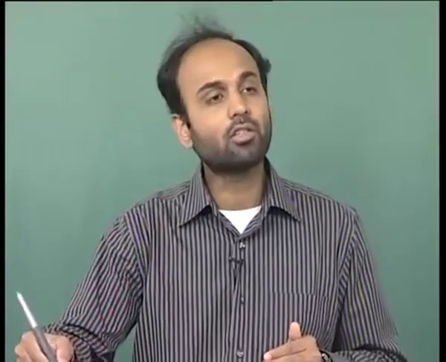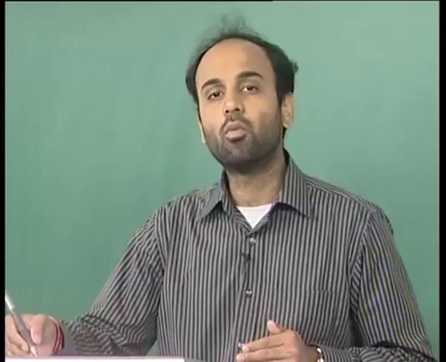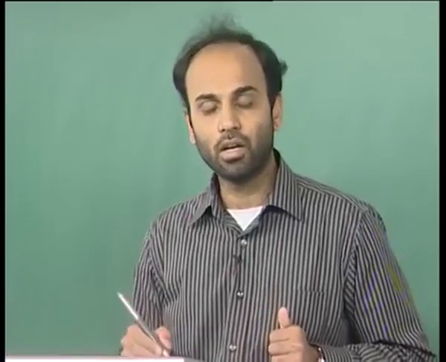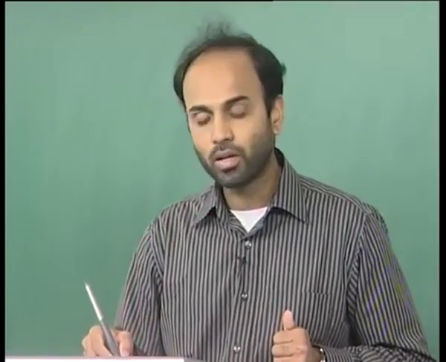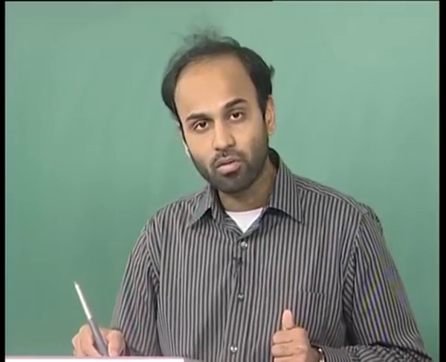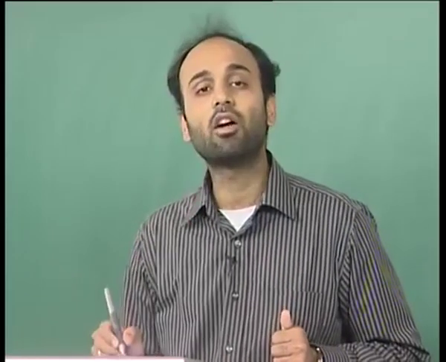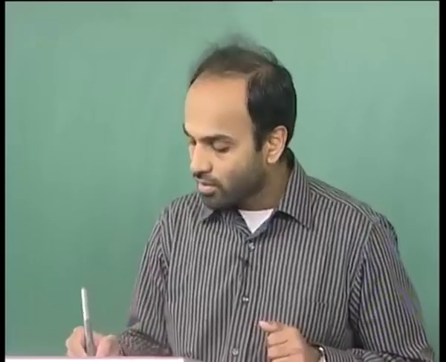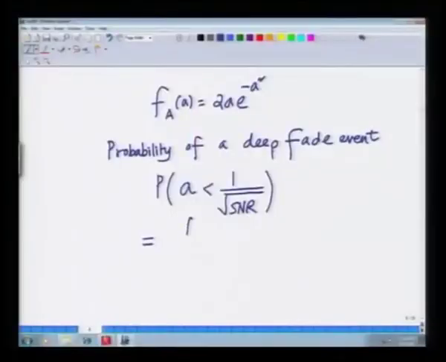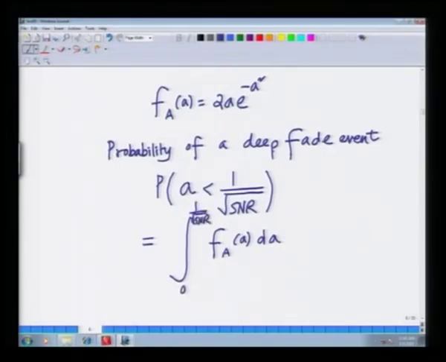Now, we want to find out what is the probability with which this happens, which will depend on the nature of this fading coefficient. With what probability will the channel be in a deep fade? That is simply the probability that the magnitude of the fading coefficient is less than 1 over square root of SNR, which can be given as the integral of the probability density function between 0 and 1 over square root of SNR.